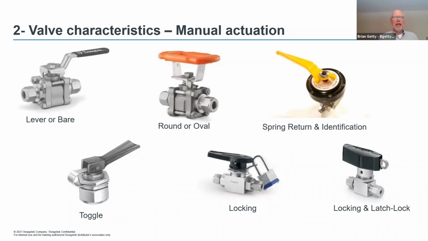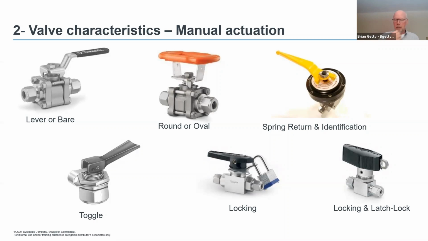All right. If you're looking at different ways of actuating a valve, you can have a standard lever handle, which we're all used to seeing. Or if it's in an area where it's prone to getting accidentally actuated, you can go to an oval style handle. And if it's something even more serious than that, we can go to what I refer to as a dead man handle.